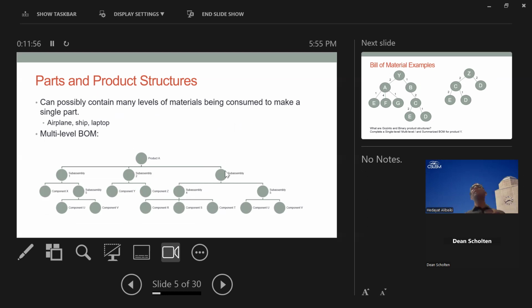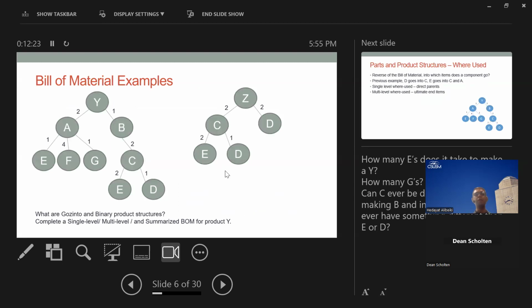Even with cooking, it's not like you put all the ingredients in the pot at once and then start cooking, right? Sometimes you have to mix two items and cook a little bit, and then mix the other two items separately, and then put them together and assemble that. So that's really what happens in manufacturing too.